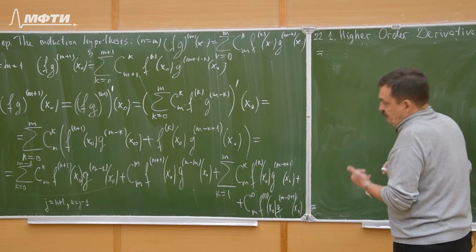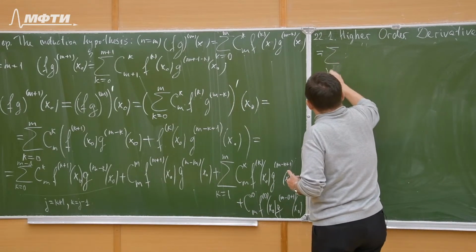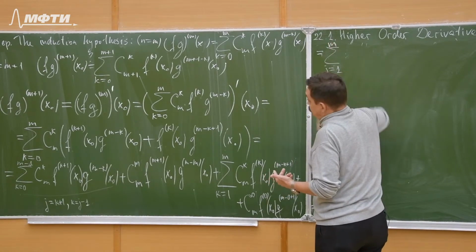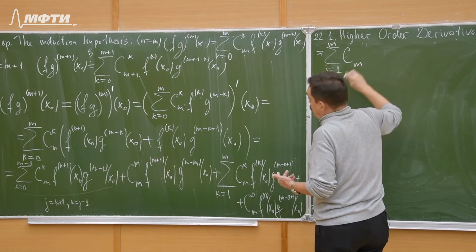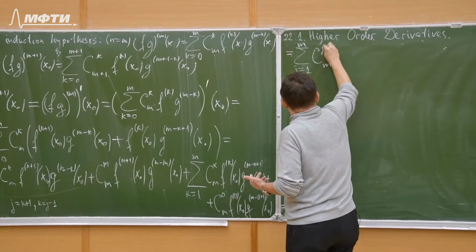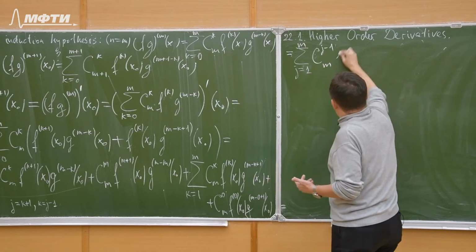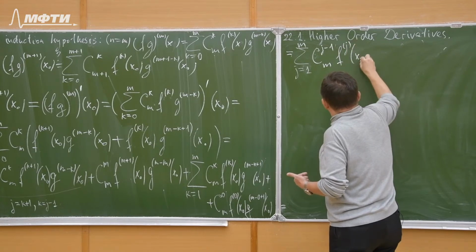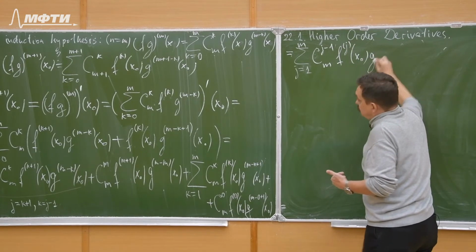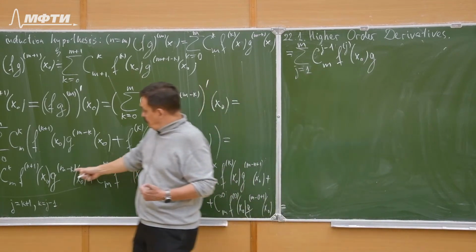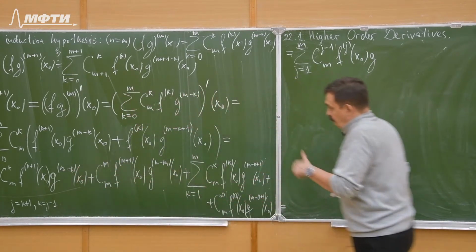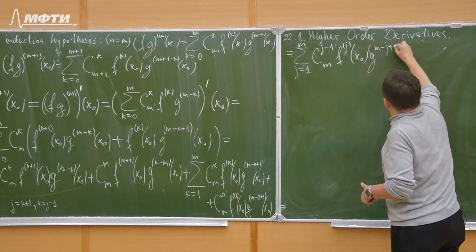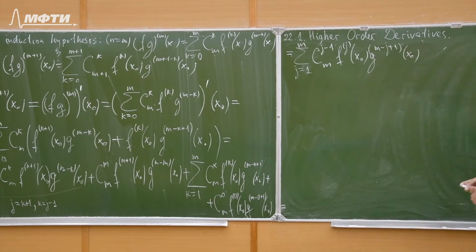Then the first sum will be the sum over j from 1 up to m, C(m,j-1) f^(j)(x0) g, and here m minus k will be m minus j plus 1. That is the first sum.